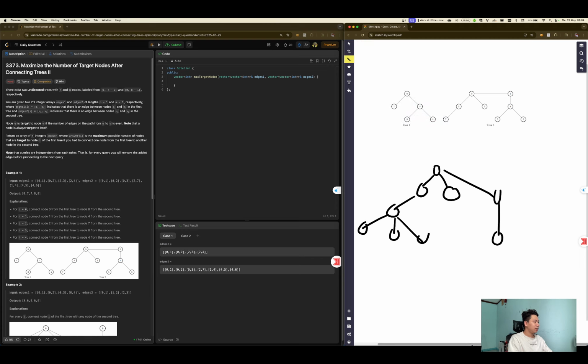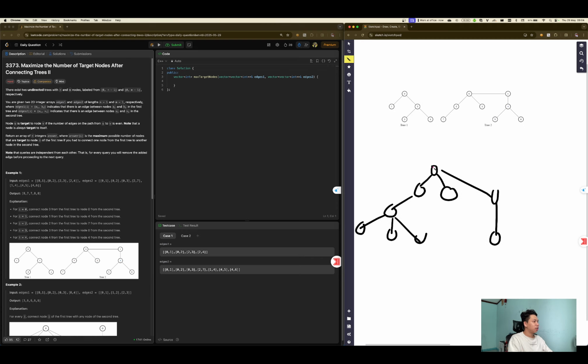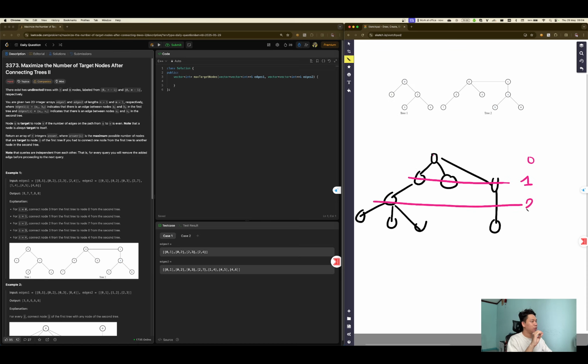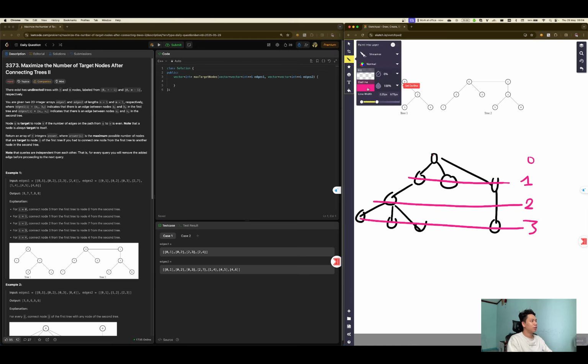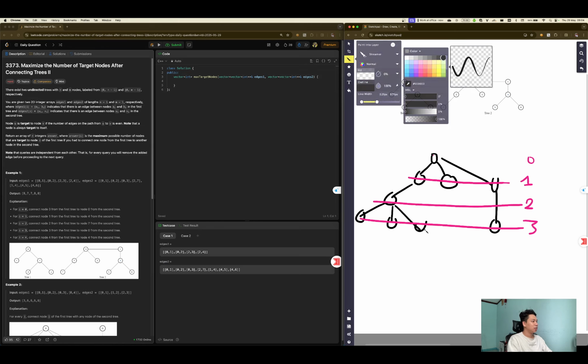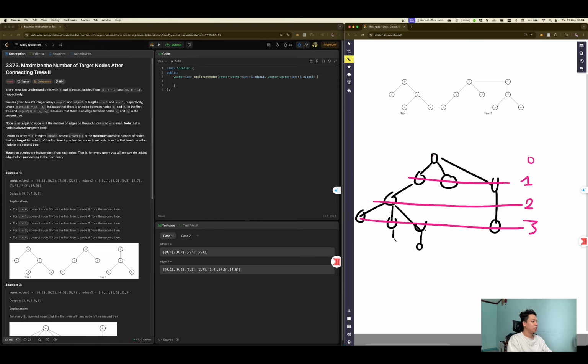For example, I start at this node, node zero, which is level zero, and this is level one, the distance is one, and this is level two, and this level three. Now let me draw more, so it's easier to understand.